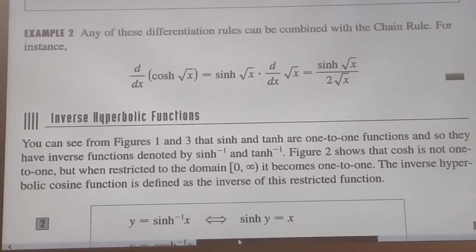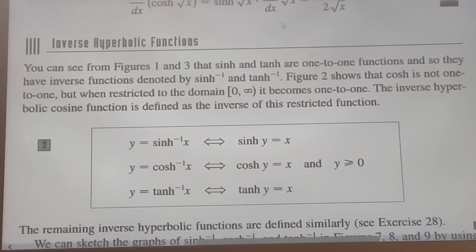All right, so basically from here what they are saying, you can see from figures 1 and 3, sinh and tanh are one-to-one functions, and so they have an inverse function denoted by that negative. So sinh to the power negative 1 there implies inverse. That negative 1 there implies inverse.